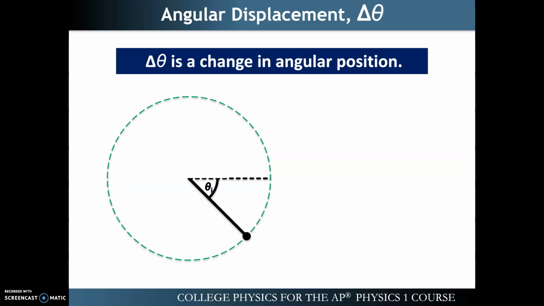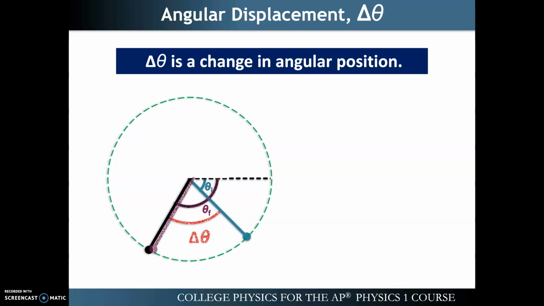If the object moves from one angular position to another angular position, it displaces, and this is called angular displacement. There is our visual of our object starting at one angular position and rotating to another. So it has an angular displacement equal to the final angular position minus the initial angular position.